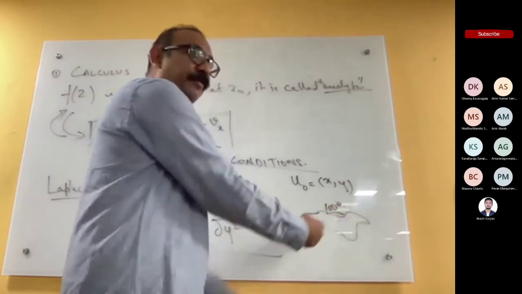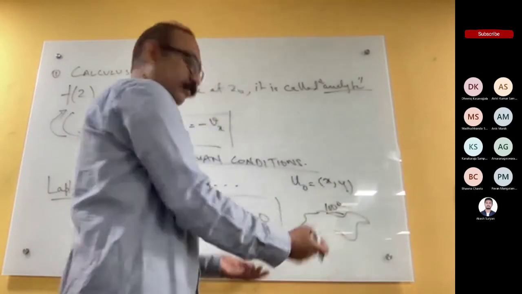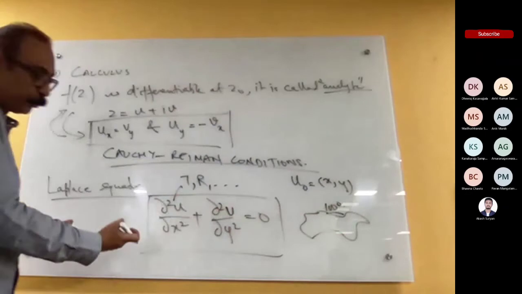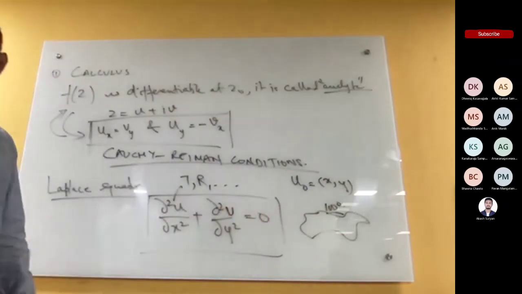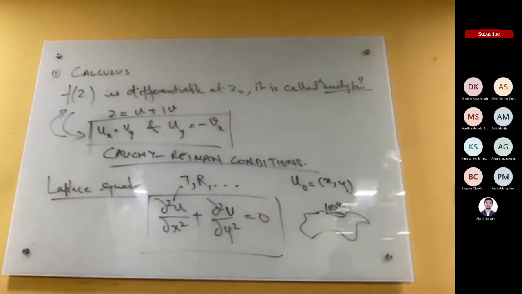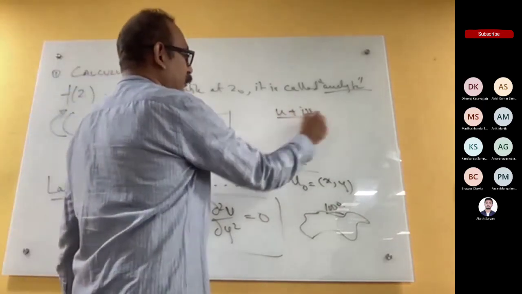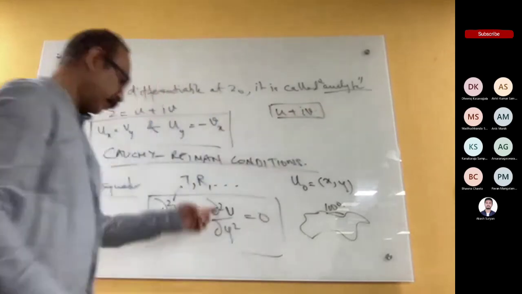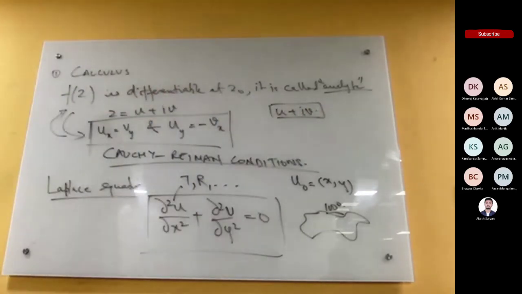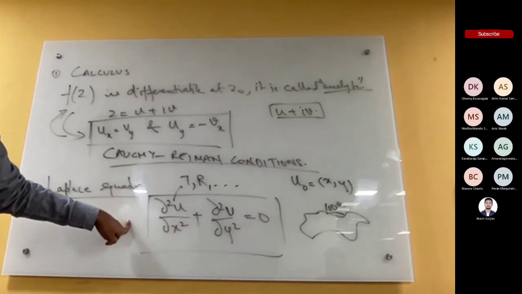How is it spread across the surface of the material? It satisfies this condition. And how do you derive it? It is very simple. If U plus iV is analytic, you can use the Cauchy-Riemann equations and you will get this. It is straight derived from here.